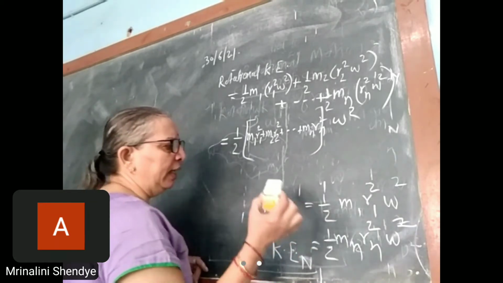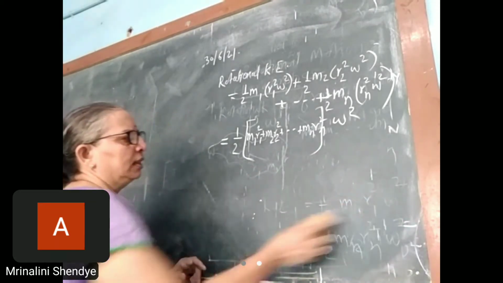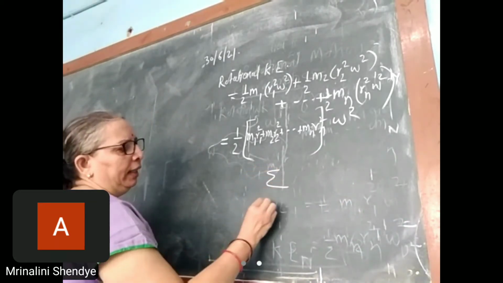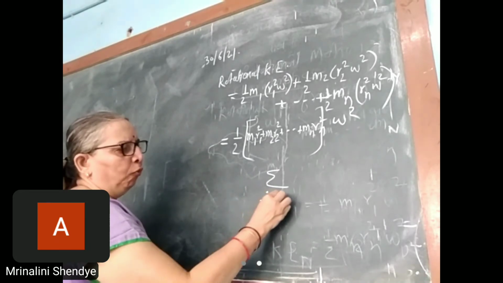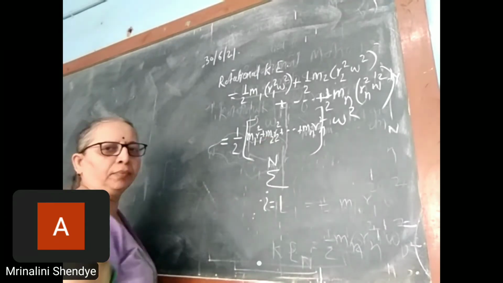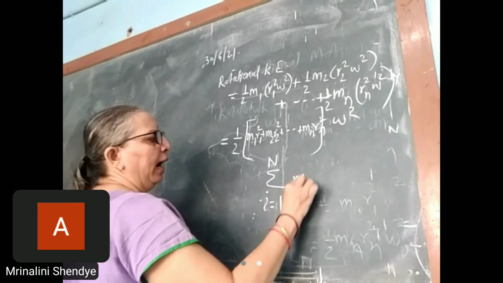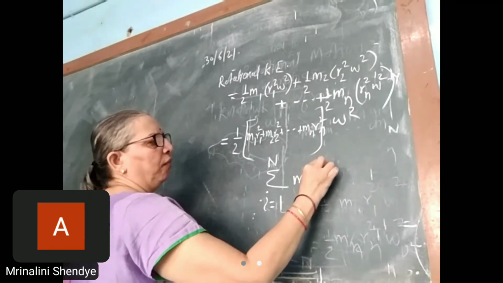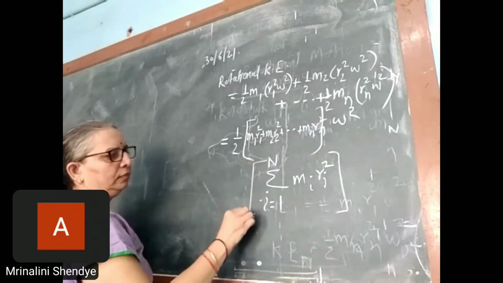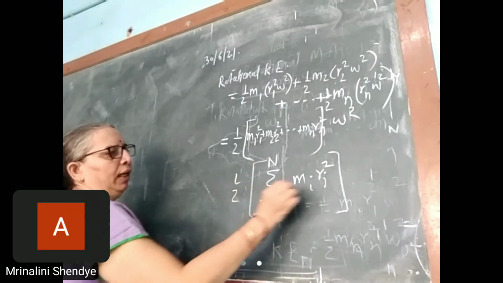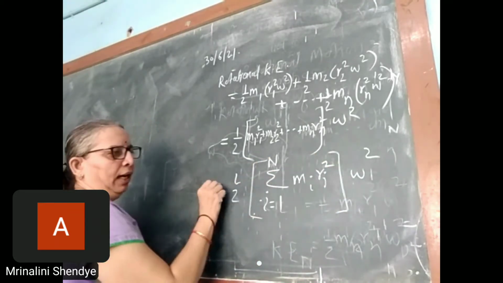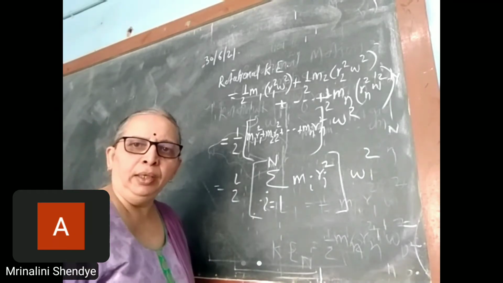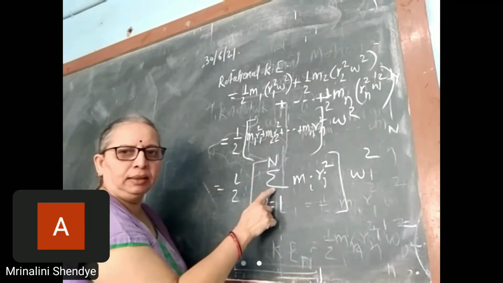You can write it as summation, particle number running from 1 to n, mi ri square, into half omega square. ऐसे भी हम लोग लिख सकते हैं. You can replace this with the summation sign.